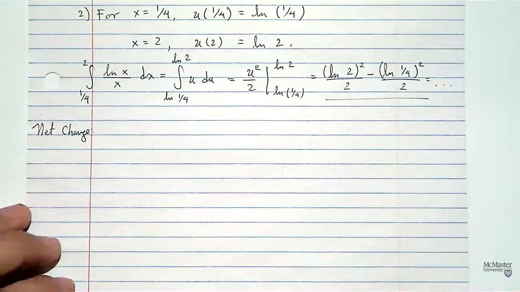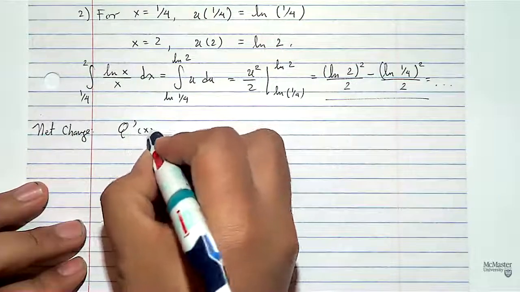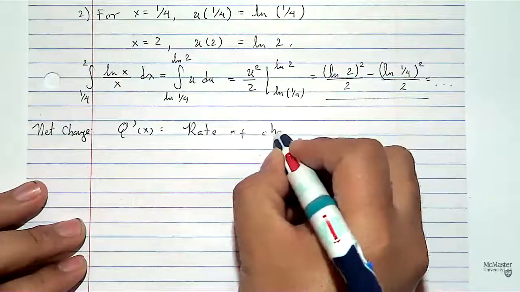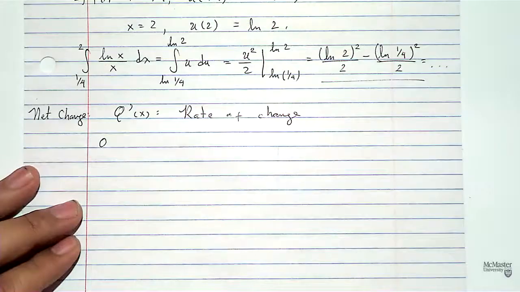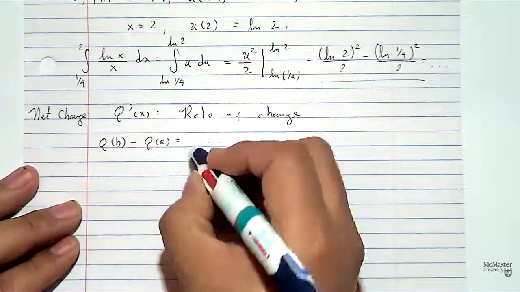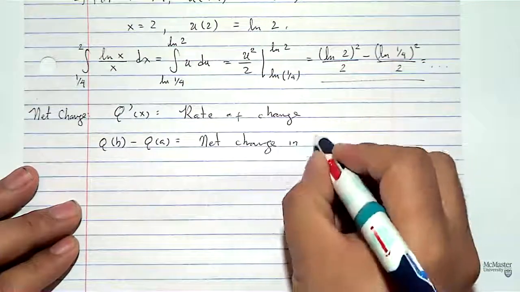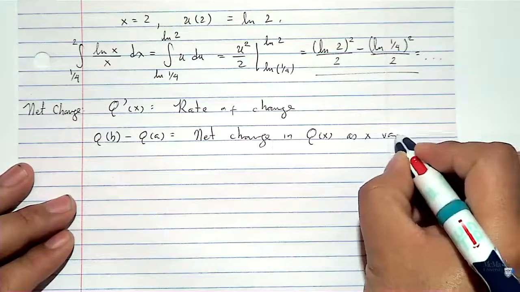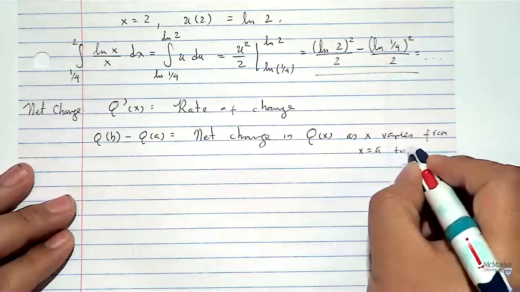So let's try to express this more abstractly, and you get the following. Q prime of x is clearly the rate of change. It's like your velocity in a case, right? Q of b minus Q of a is actually the net change, the total change, in this quantity Q, as x varies from x equal a to x equal b.